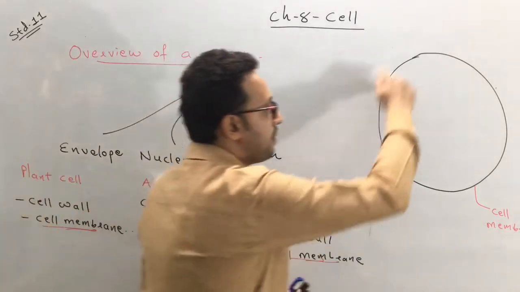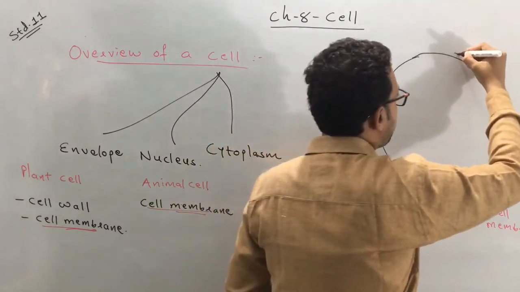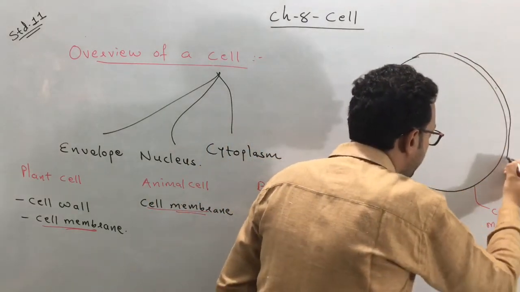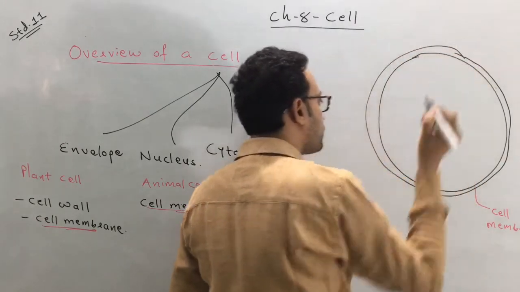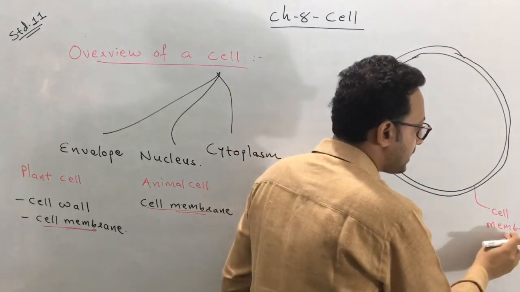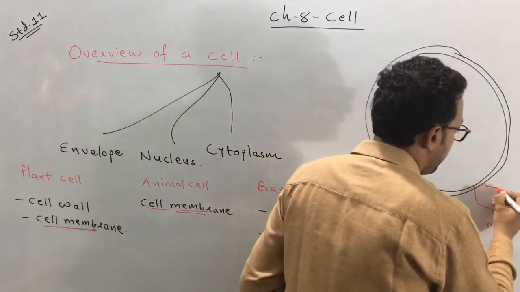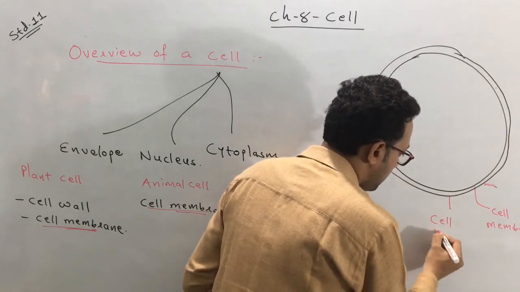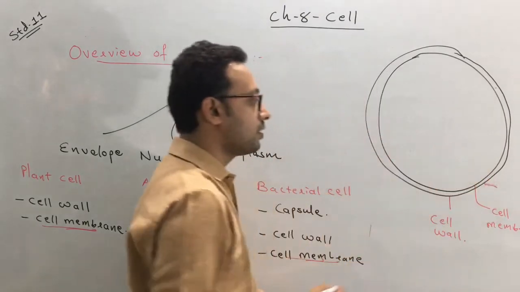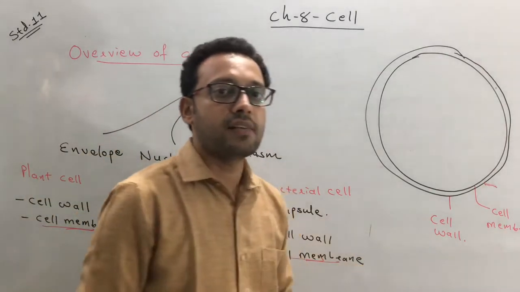So the plant cell contains two boundaries surrounding it. The inner one is the cell membrane, and the outer one is called the cell wall.